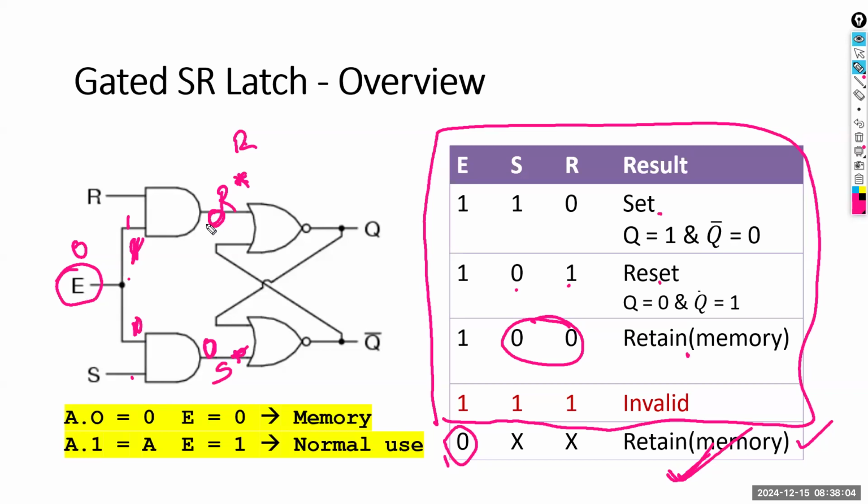But when enable is 0, we are getting the 0, 0 situation. So it doesn't matter whether this is 1,1, 1,0, 0,1, or 0,0. It's always 0, 0. So that is why it is always memory.